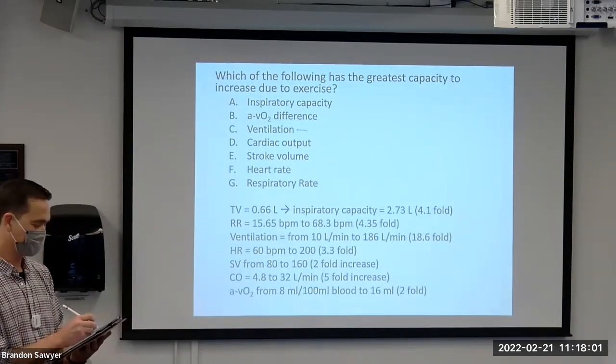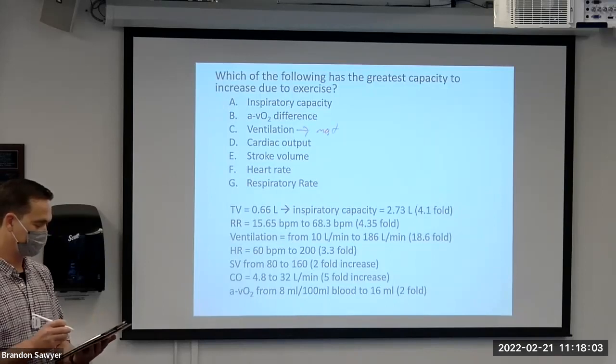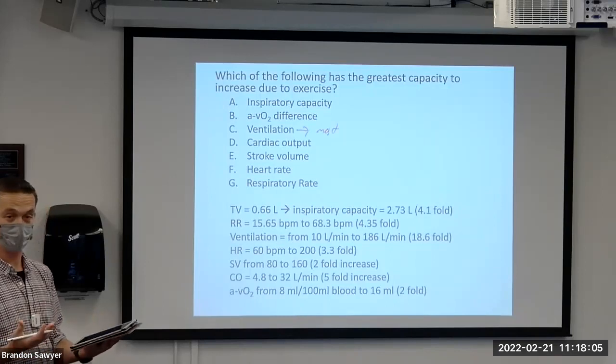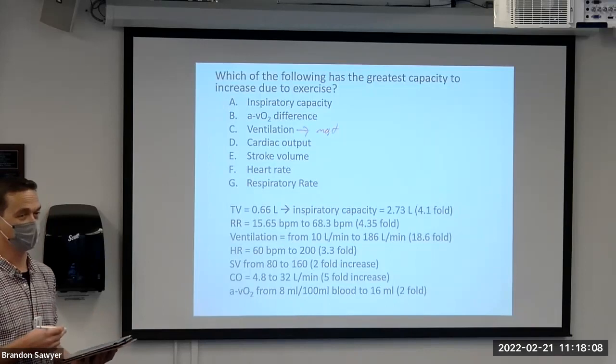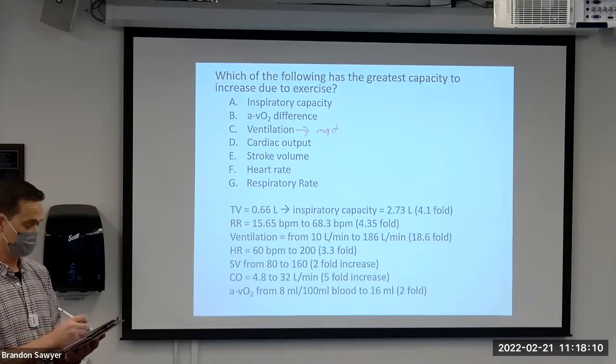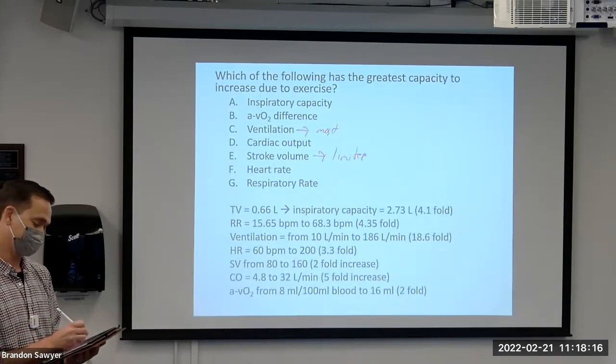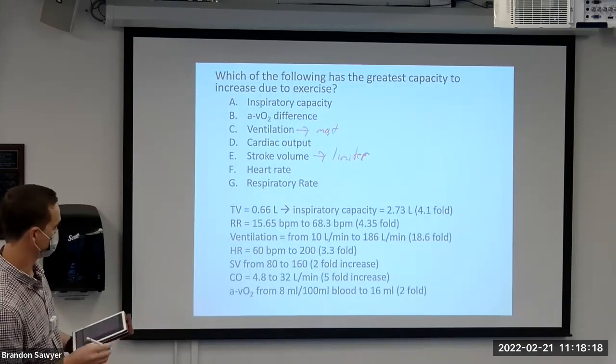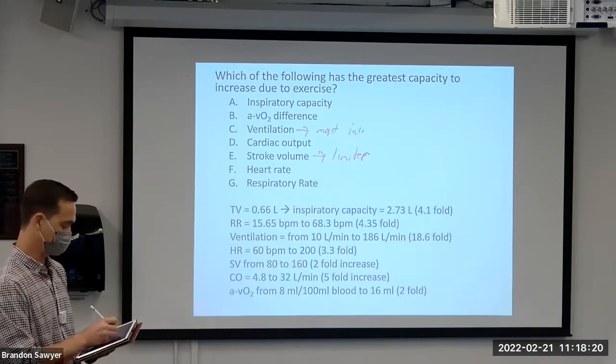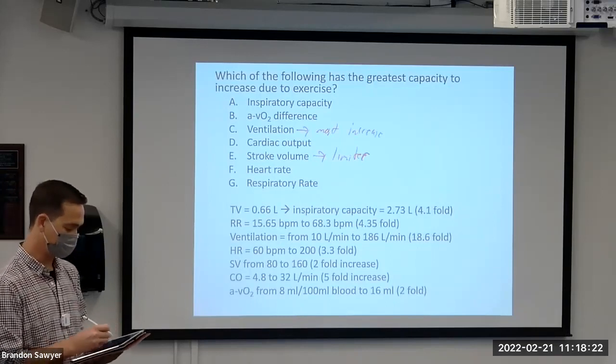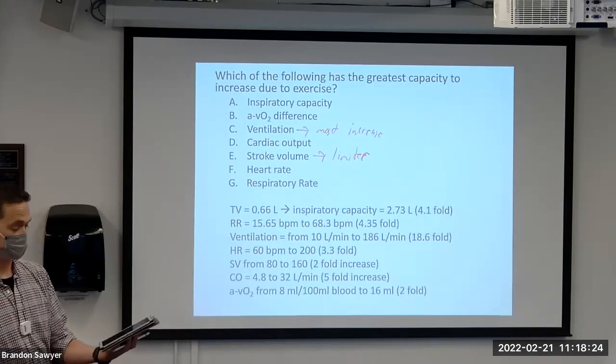So that was our most increase. And then the other one that we typically expect to be the major limiter of VO2 max is what? Stroke volume. There we go. So the limiter. That's the limiter. There we go. Okay. So the most increase, major limiter. Yeah. So those are the two key ones there.